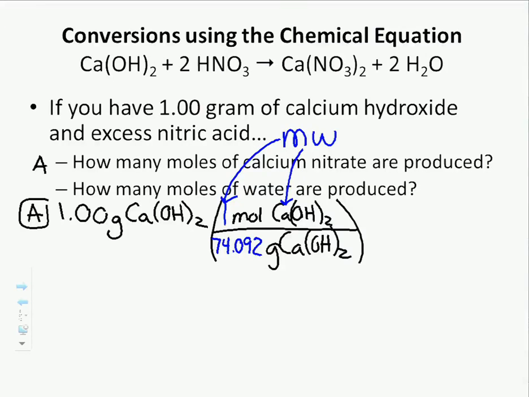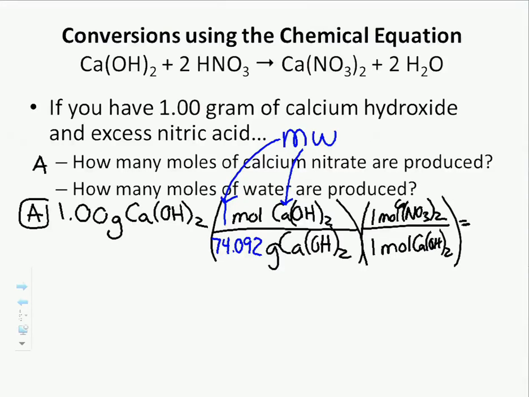Are we done there yet? Not quite. The question asks us to figure out how many moles of calcium nitrate. So we have an answer right now in the number of moles of calcium hydroxide. So we can then convert from moles of calcium hydroxide to moles of calcium nitrate. I've got my calcium.